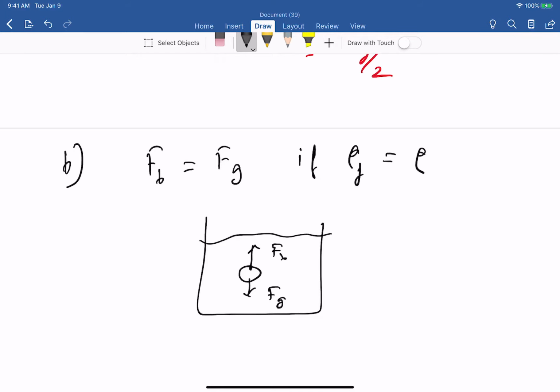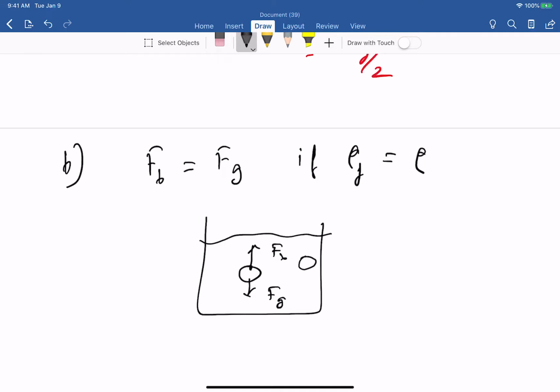So the object will just stay where it is. If you leave it, there's no net force on it. You can move it and place it over here if you like, but when you let it go, it will just stay there. The object will be in equilibrium. It won't have any tendency to either go up or go down.